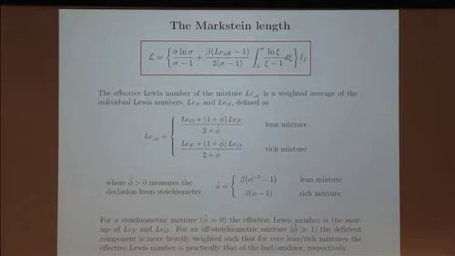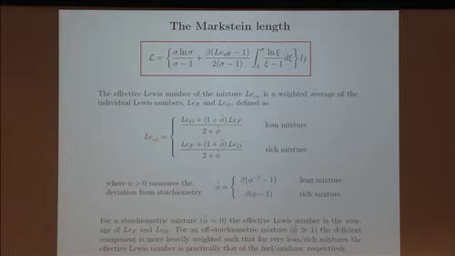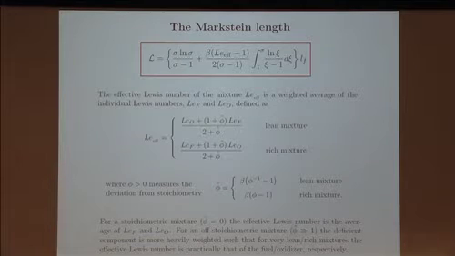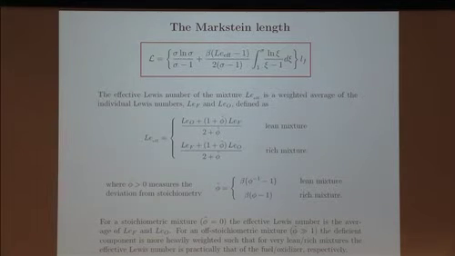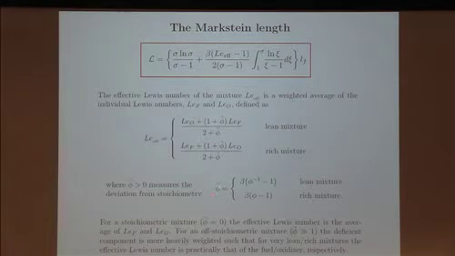Because if you have a mixture of two components, fuel and oxidizer, then the effective Lewis number is given by an expression like this, where phi tilde is a deviation from one of the equivalence ratio.